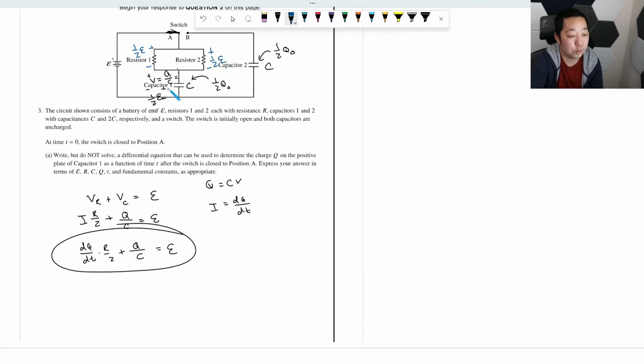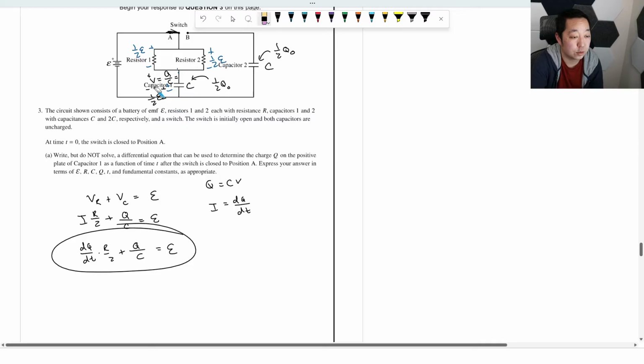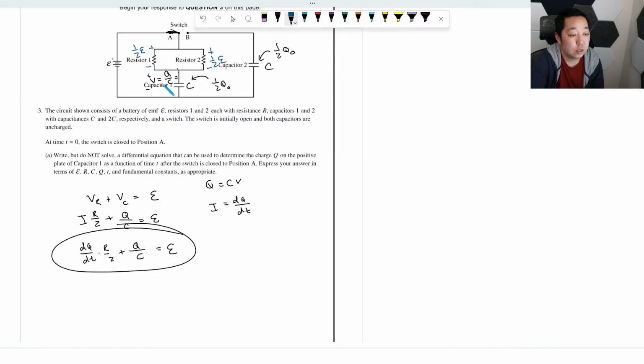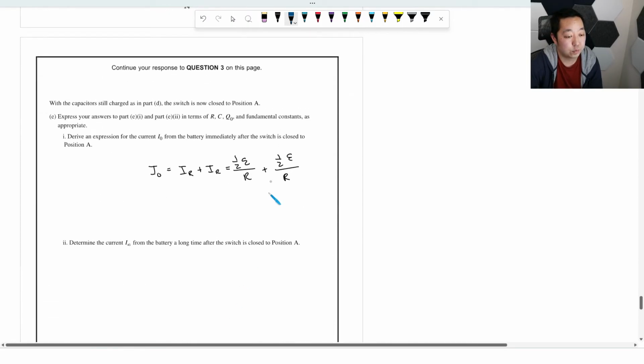So there's 1/2 epsilon across this guy. I don't know if this is making sense, or if I'm rambling at this point. That's going to be the voltage setup right there. So 1/2 plus 1/2 is just epsilon over R.